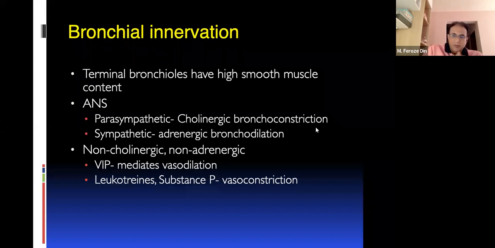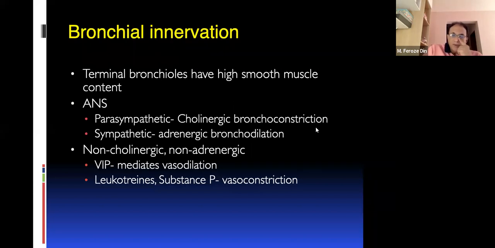If you remember your autonomic nervous system, in blood vessels, it's the other way around. In blood vessels, the sympathetic discharge causes vasoconstriction. And as far as the bronchial musculature is concerned, sympathetic causes bronchodilation.